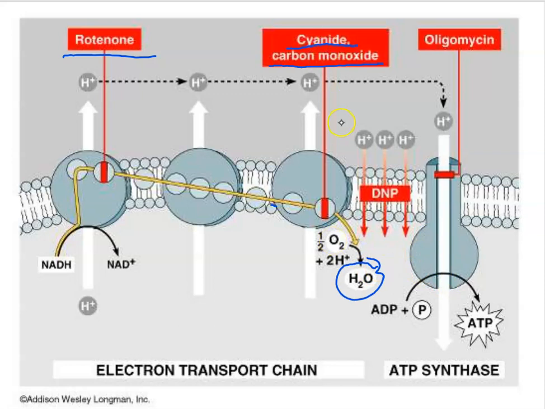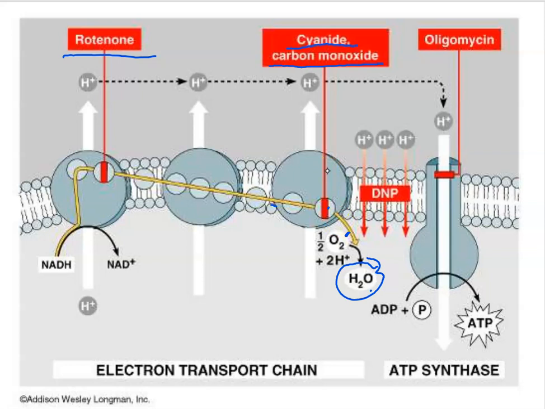But if you're blocking this binding site where the oxygen is waiting for these electrons and the hydrogen ions to combine to form the water, well, then you can't run your aerobic respiration either. And so cyanide and carbon monoxide are very toxic, because again, you will stop aerobic respiration. You will not be able to generate the ATP.